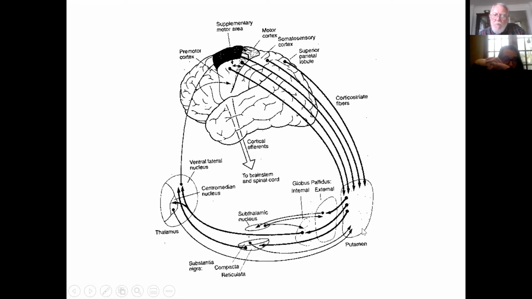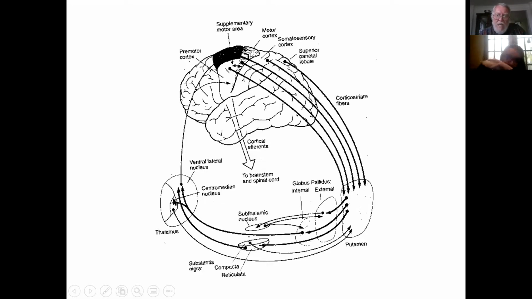The caudate in turn is also getting inputs from the substantia nigra pars compacta. So you're having that output.